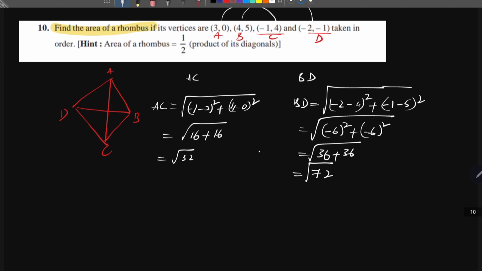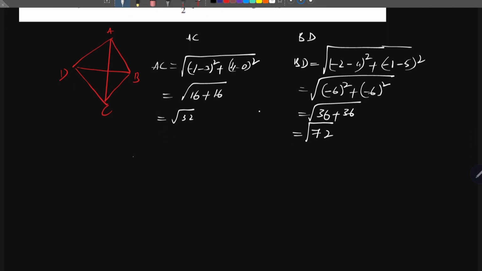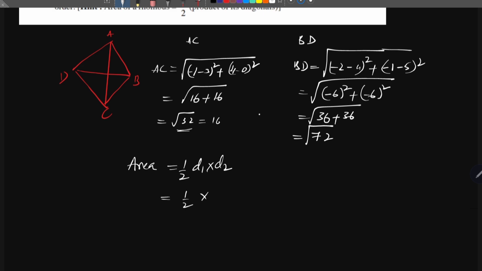Okay, so now we need to find the area. The area is equal to half into diagonal 1 into diagonal 2 for the rhombus. Root 32 we can write as 16 into 2, in a root, 16 means 4 root 2, and 72 we can write as 36 into 2, so 36 I can write 6 root 2.